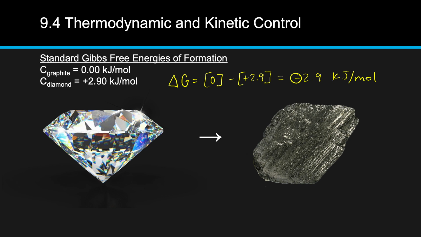However, because the activation energy is so high to go from diamond to graphite, very few particles actually meet that barrier of activation energy to form into graphite. This means that diamond is kinetically stable and does not spontaneously convert to graphite under normal conditions, even though the process is energetically favorable.